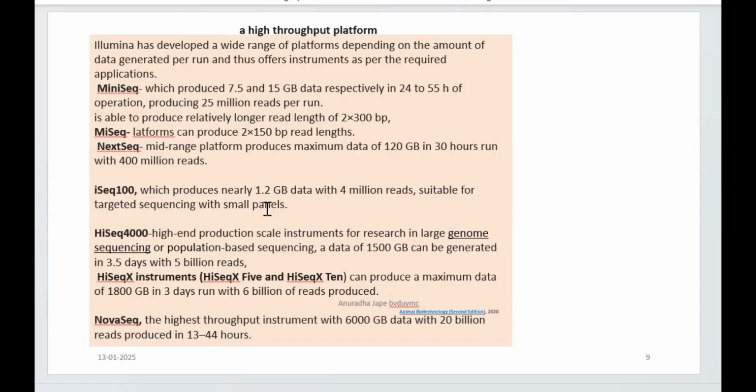Then attachment of the primers, then bending of the fragment, then extension by PCR, right? And then sequencing. That is how it goes on. So this is the overview for the Illumina method, which is there for sequencing of DNA, right?